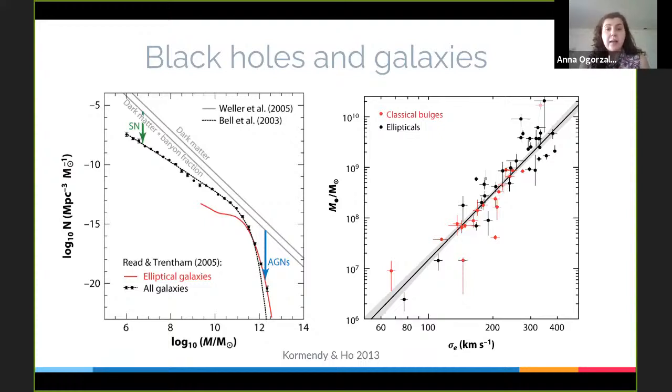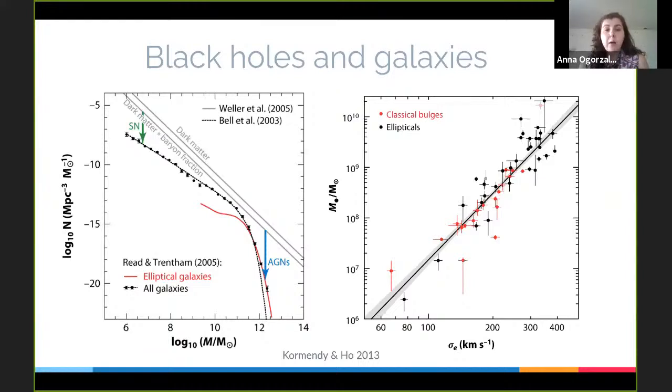For instance, the currently favored cosmological model, Lambda CDM, precisely predicts the number of dark matter halos of a given mass. Converting to baryons, we can predict how many galaxies of a given mass we should see, which is shown here on the left with the straight gray line.